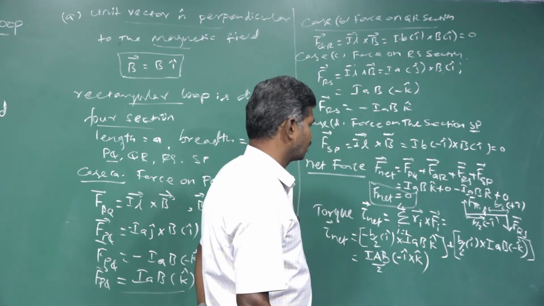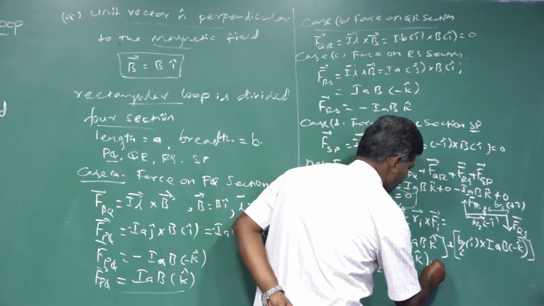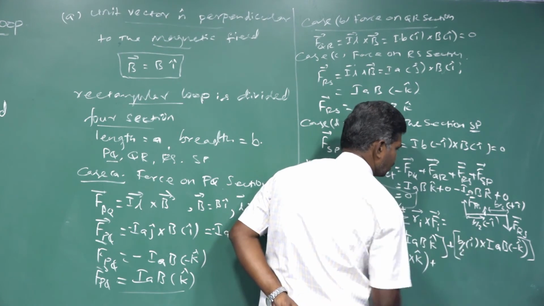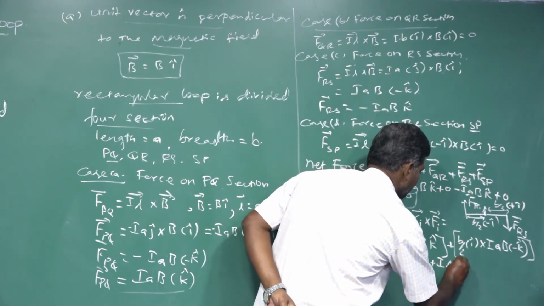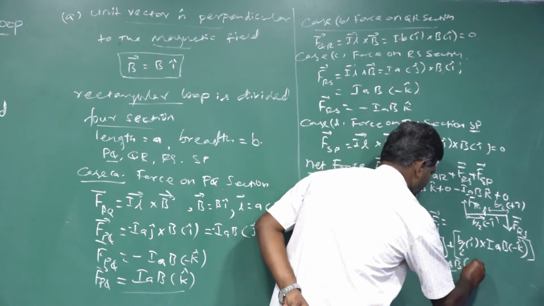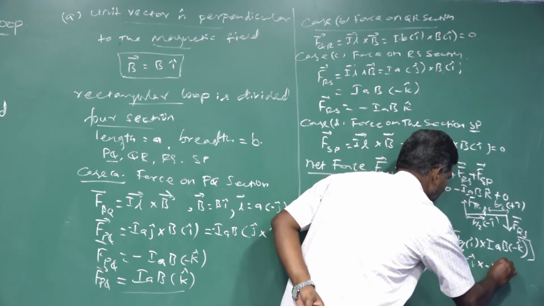Okay. Next also we are going to take plus small b into small a capital A. That's why I A capital B divided by 2 into minus, that is I cap cross minus K cap.